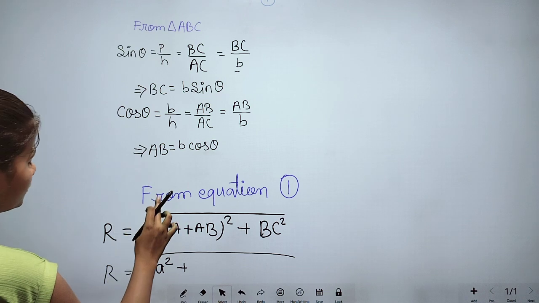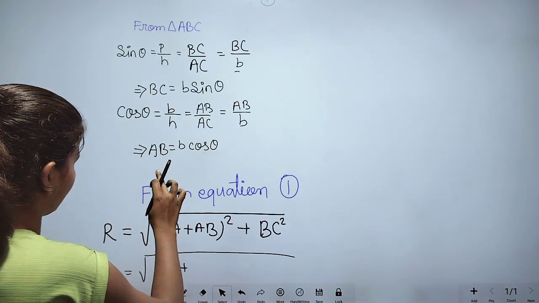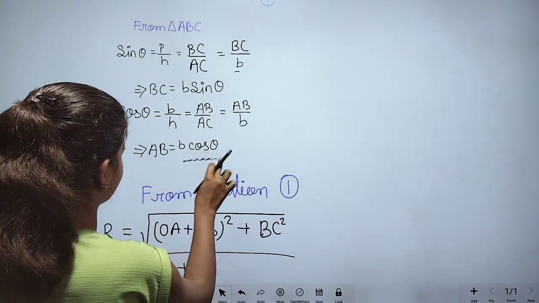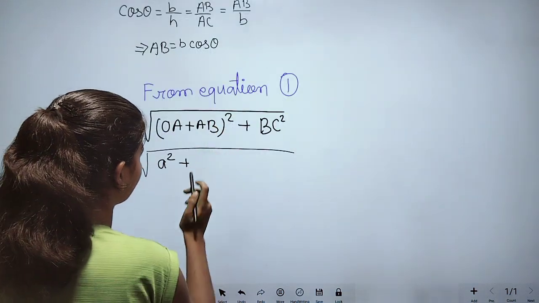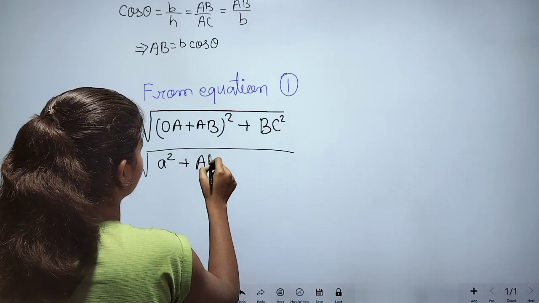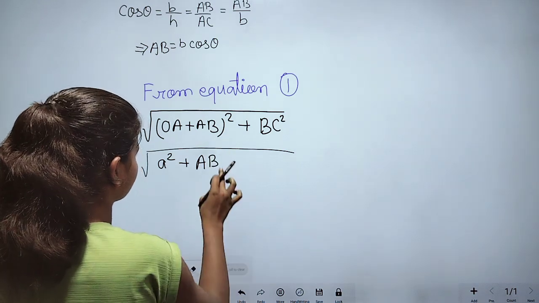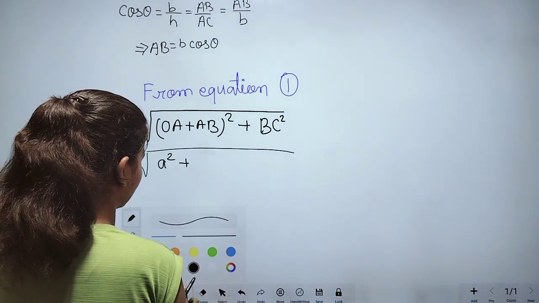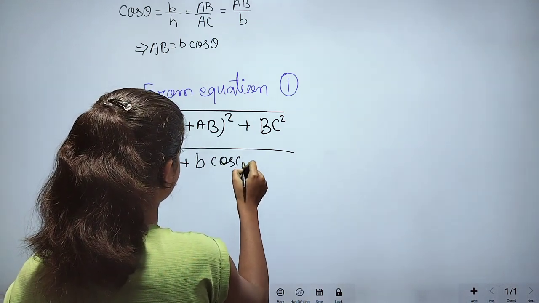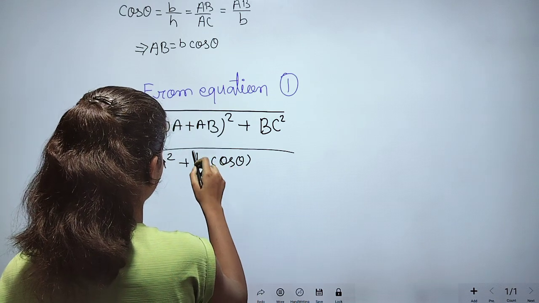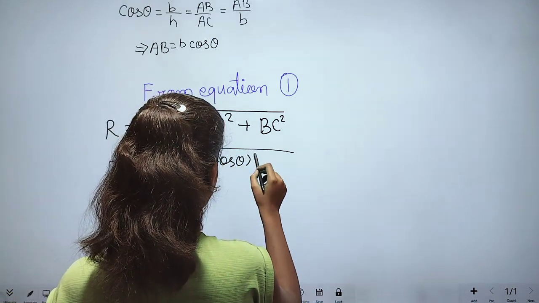AB is equal to B cos theta, so AB square is B cos theta square.